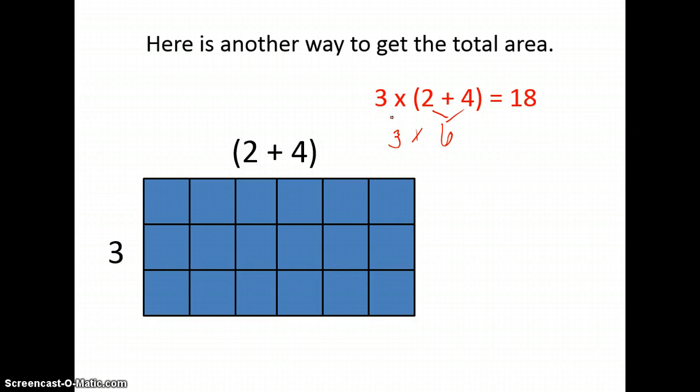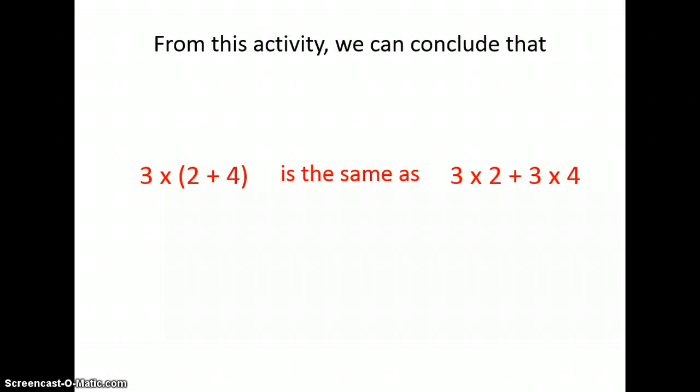So my area doesn't change just because I push the two rectangles together. So from this activity, we can conclude that 3 times the quantity 2 plus 4 is the same as 3 times 2 plus 3 times 4, or 3 times the quantity 2 plus 4 equals 3 times 2 plus 3 times 4.